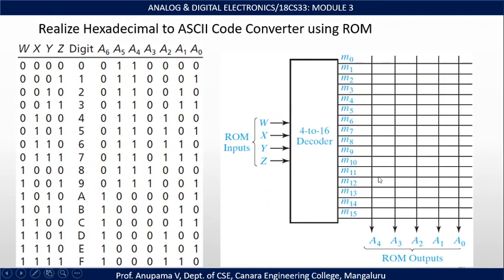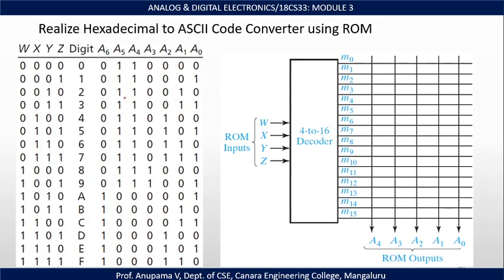Now we know that we need a 2 to the power 4, that is 16 cross 5 ROM, or programmable read-only memory. First draw the required ROM structure, that is a 4 to 16 decoder and a memory array of 16 cross 5 for the ROM structure.